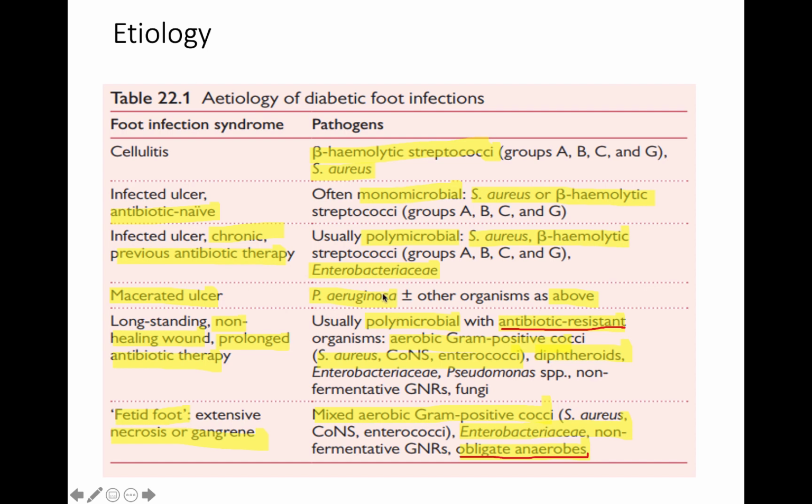Again, this is more likely to happen in a nosocomial setting. بعدين في عندي long standing non-healing wound, prolonged antibiotic therapy. This is an upgraded problem than this one, this problem here. In this case, I treated it, خفت ورجعت خفت ورجعت. So this is a long standing non-healing, it never healed fully, with prolonged antibiotic therapy.